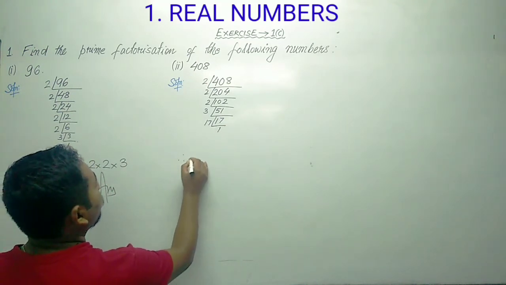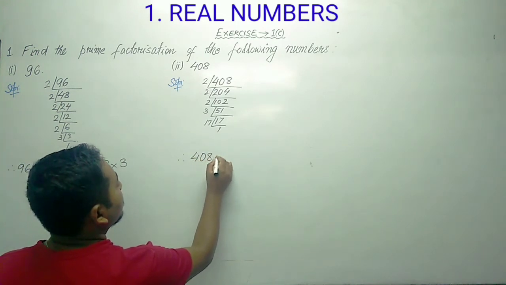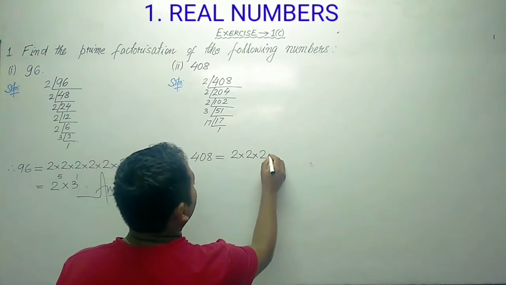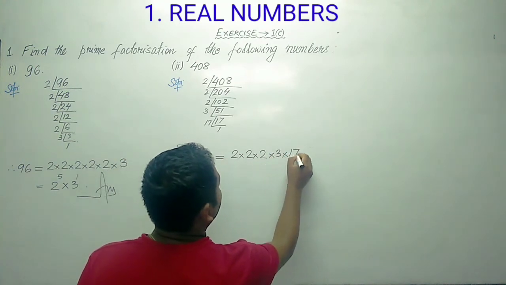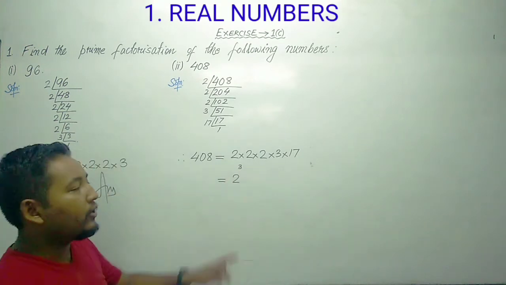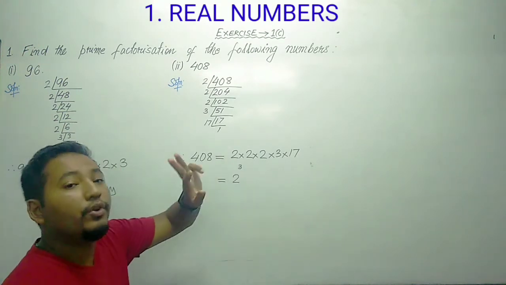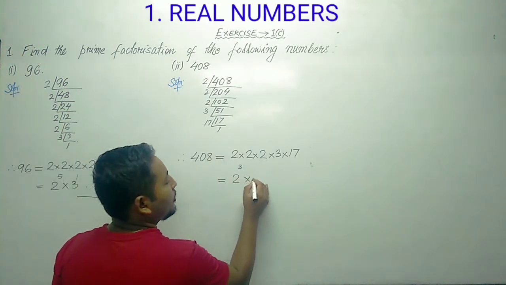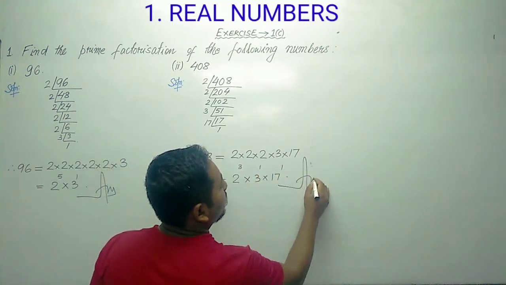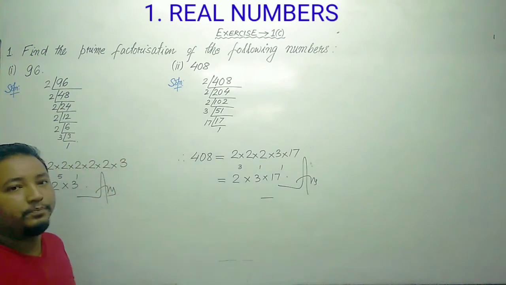So write down, therefore 408 equals 2 into 2 into 2 into 3 into 17, which is also equal to 2 to the power 3. Why 3? Because it's a product of 2 three times, into 3 to the power 1 into 17 to the power 1, which is our required answer.